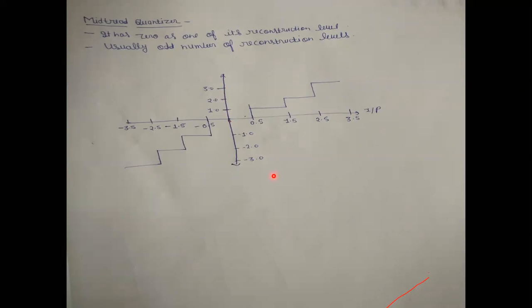The application of the mid-tread quantizer is in the case where we use 0 as an output value. For example, in a control system, it is important to represent 0 as an output value.